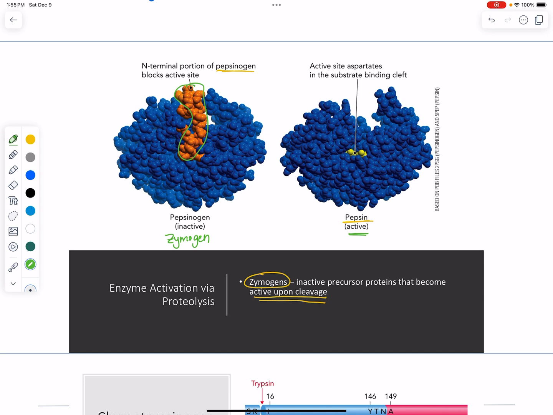And so pepsinogen has this area on the N-terminal, where you've got a portion of the peptide that actually lays down in the active site, and it blocks its own active site. So it's not active. In order for this enzyme to be able to accept substrate, we have to clear this out of the active site.